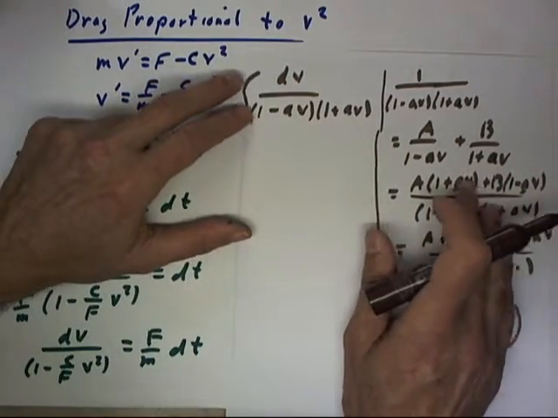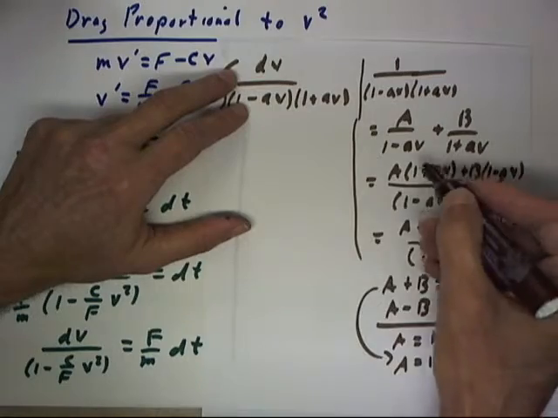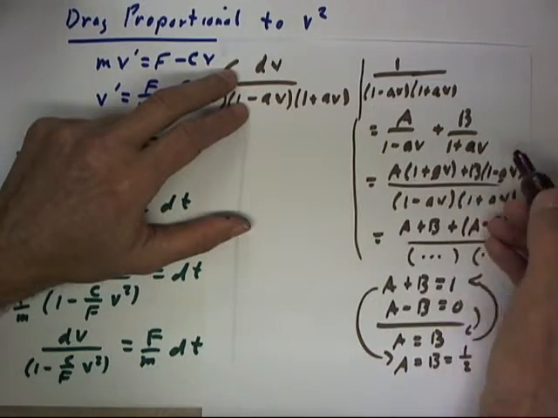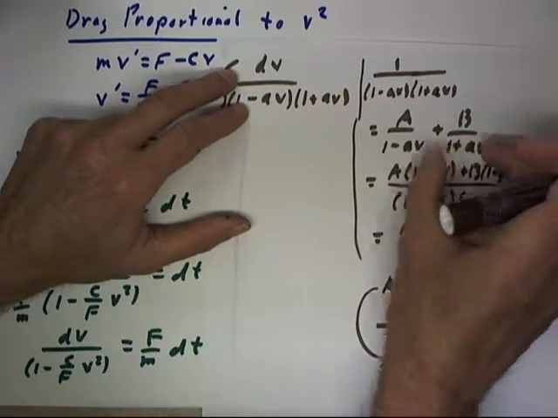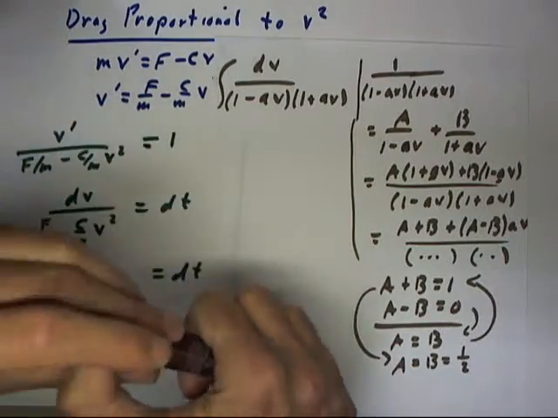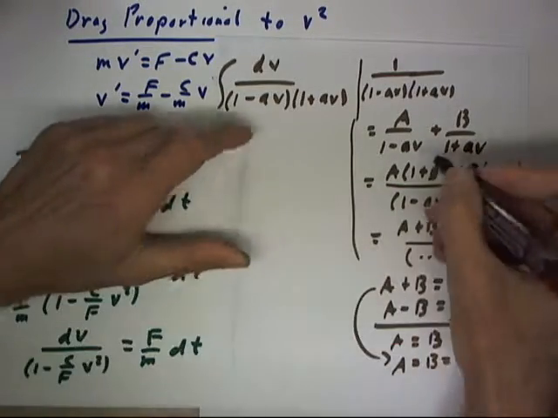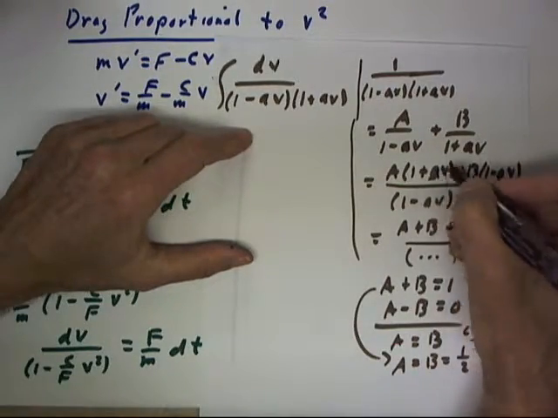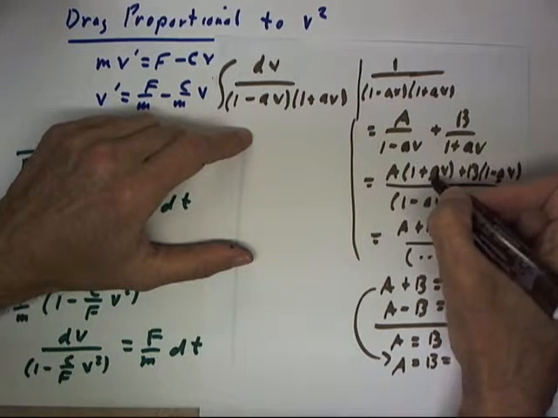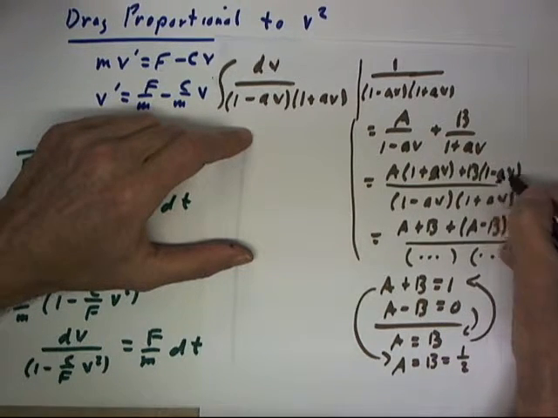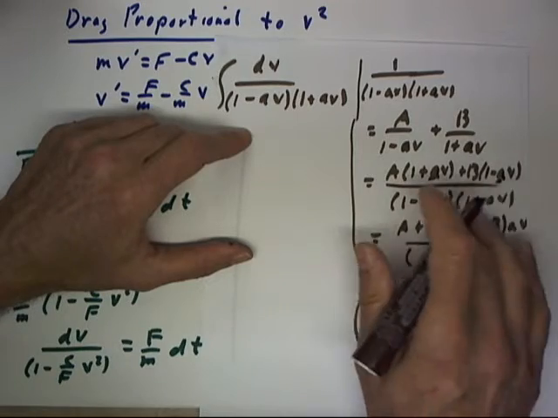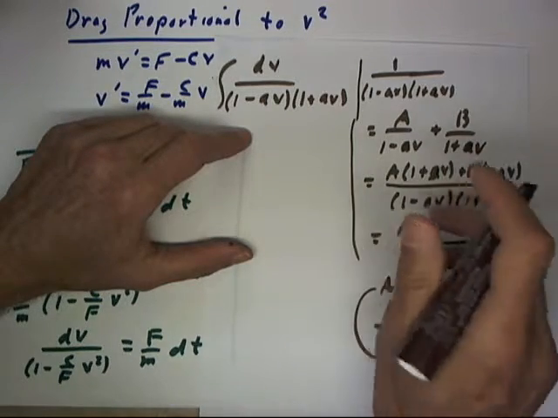We place these over the common denominator, which is the product of the two denominators, and that's fairly easily done. We have A times 1 plus av and B times 1 minus av over the denominator.